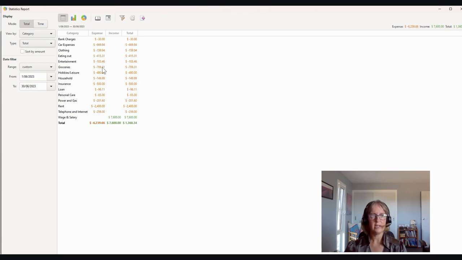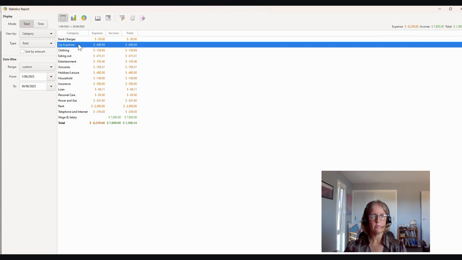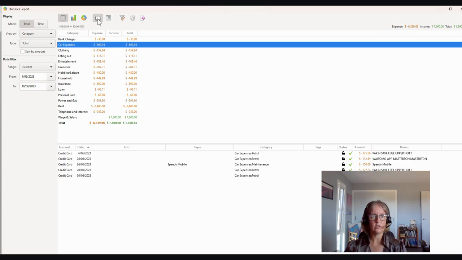Now we'll look at the different views. At the moment, we have the view of the table, and if you click on a particular item and click on the little book, then you can see what was included in that total. Their car expenses included some money for fuel and some money for maintenance. What I also like to do is look at where the money is coming from, which account it's coming from.